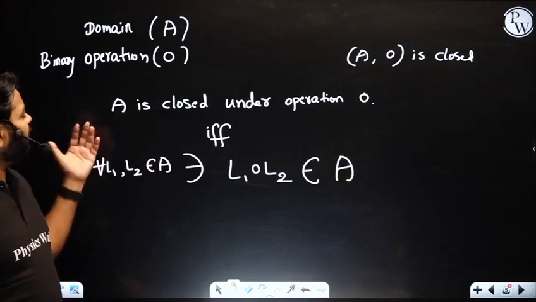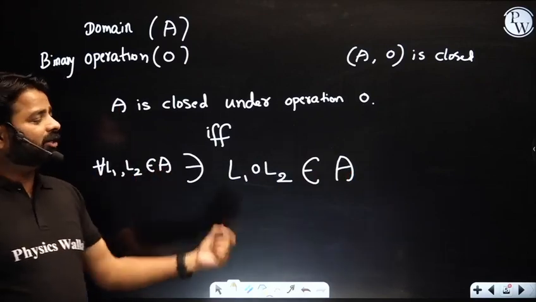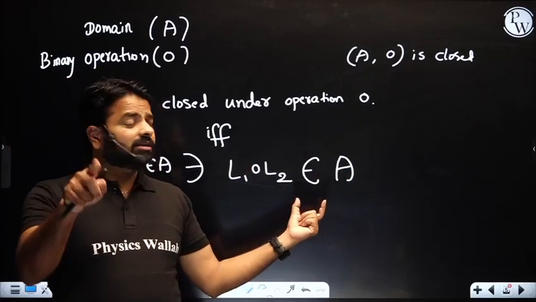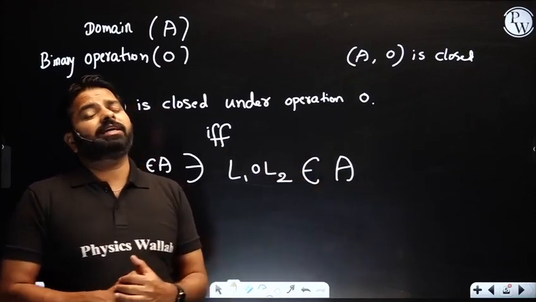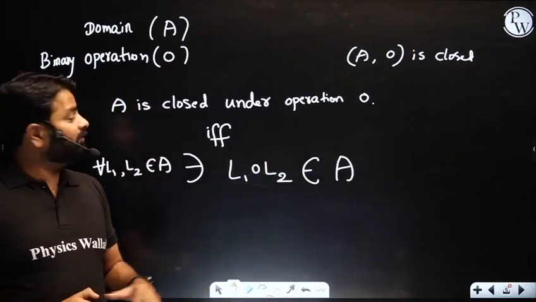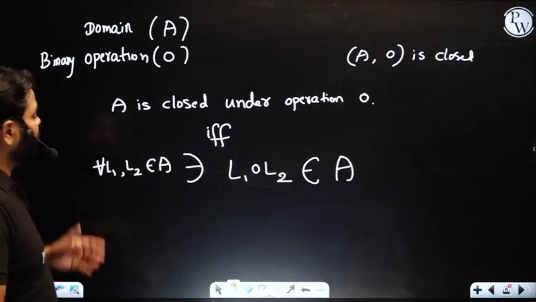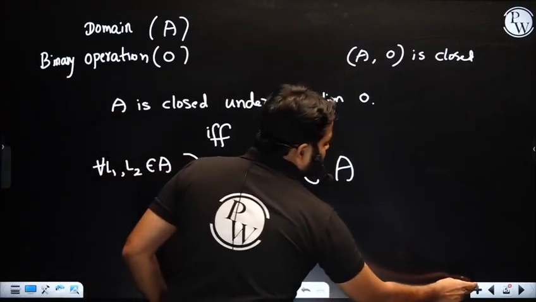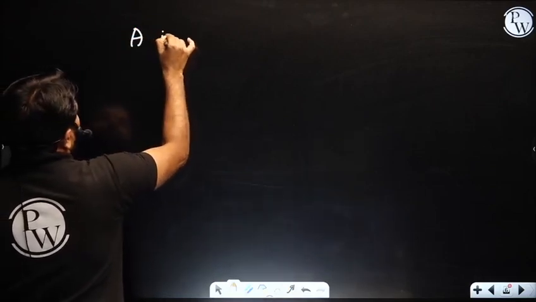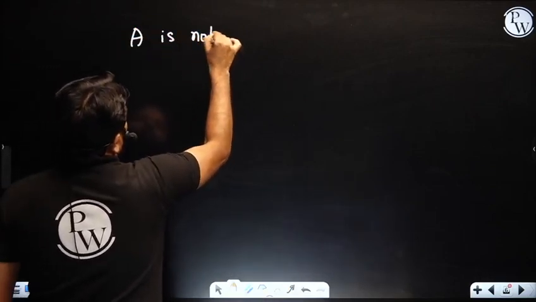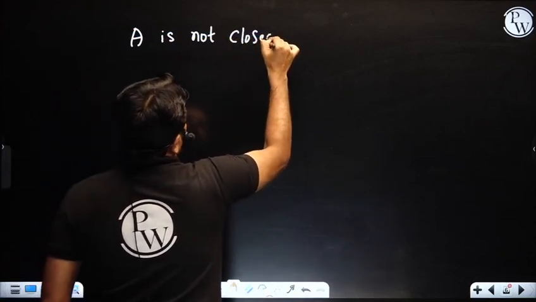The same way, take any two languages from the domain and apply the operation. If the result is in the same domain, then only we say it is closed. Otherwise, if it does not hold for all, then A is not closed under circle, and the situation is different.